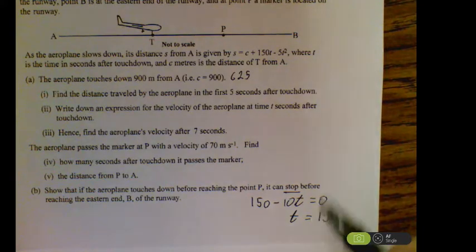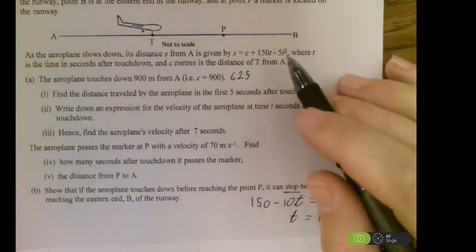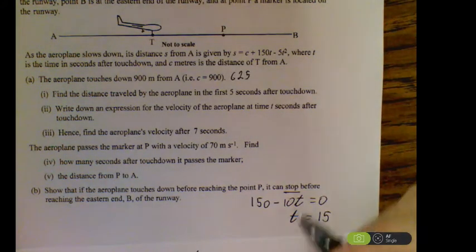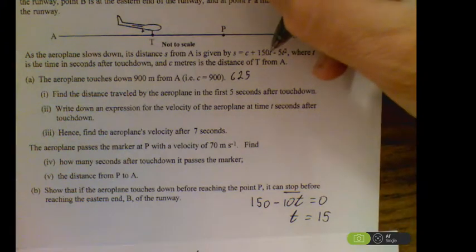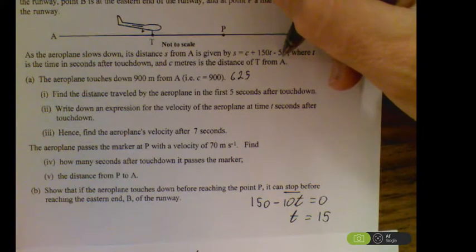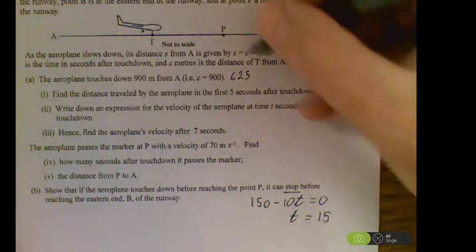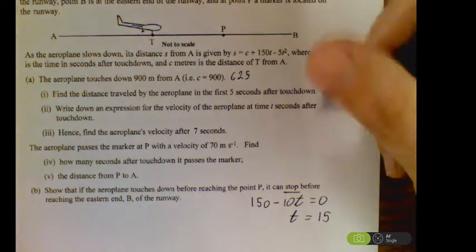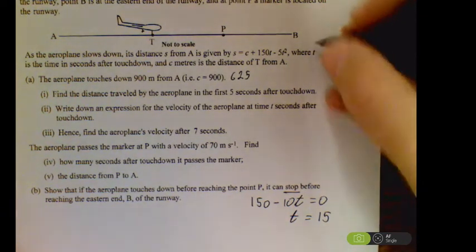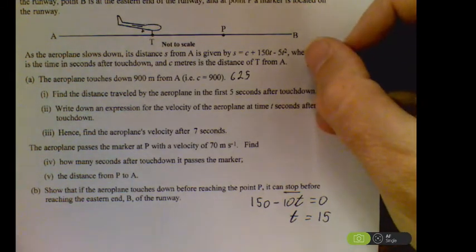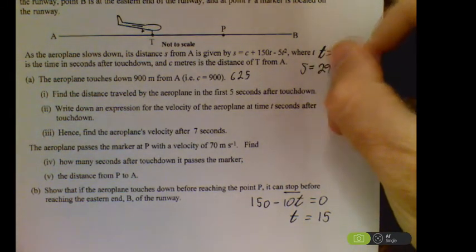And if we look at our distance function, our position function, after 15 seconds, how far has it traveled? If we take our 15 seconds and plug it back into the original function here, you're going to come out with 2905. So it took 15 seconds to travel 2,905 meters in this case. So when t was 15 seconds, the position came out to be 2905.